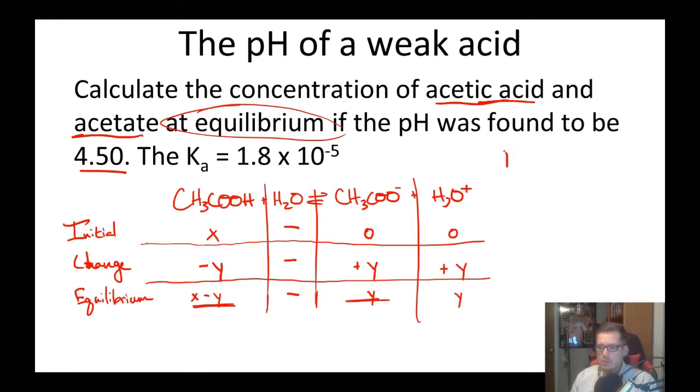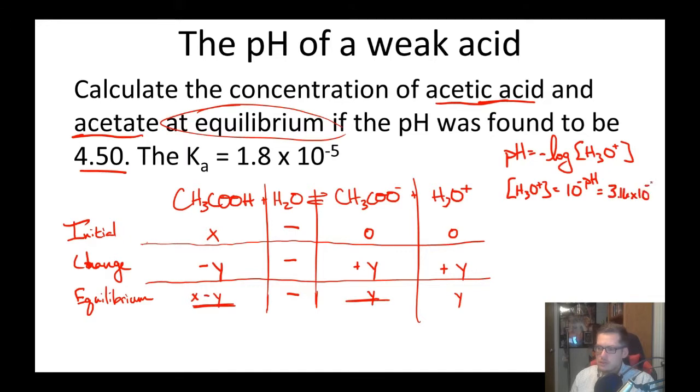Remember, pH is found by taking the negative log of the concentration of hydronium. We can do our log backwards, so the concentration of hydronium is equal to 10 to the negative pH. Plugging in, 10 to the negative 4.5 is equal to 3.16 times 10 to the minus 5th.